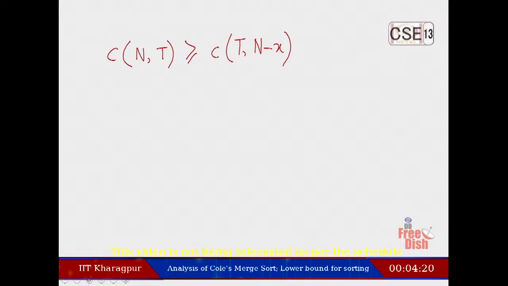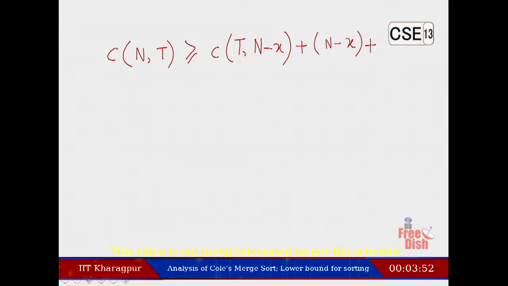Therefore, the total number of comparisons the algorithm will perform in sorting these n minus x elements is at least n minus x. The algorithm has wasted at least n minus x comparisons by comparing elements of the maximal independent set with the rest.